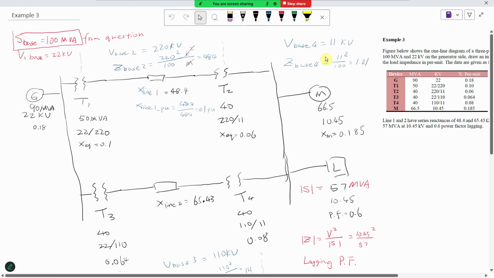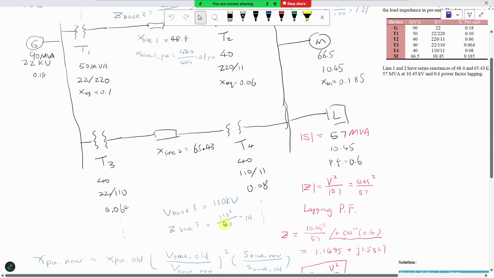Okay, the last region. Again, S is still 100 MVA, and the voltage is 11 kV because this is 220 and 20 times smaller. Because of this transformer, you got 11 kV.